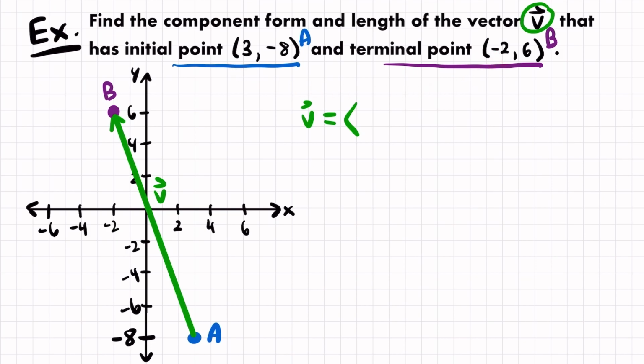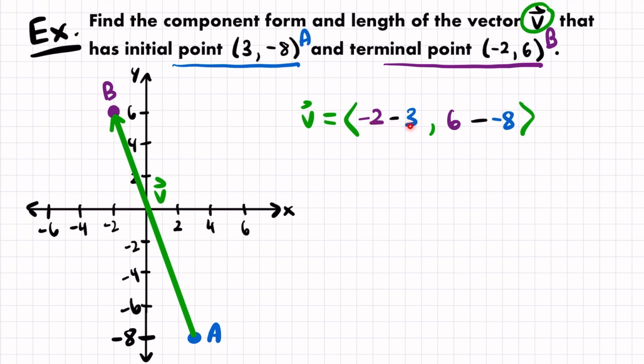All right, so for the x values, we have -2 minus 3, right? And then for the y values, we have 6 minus -8.